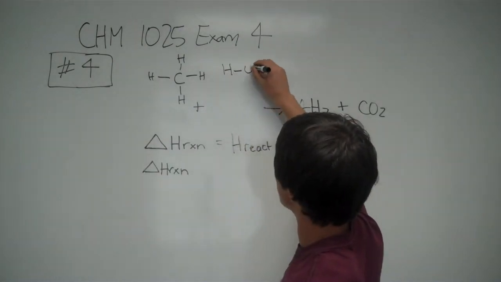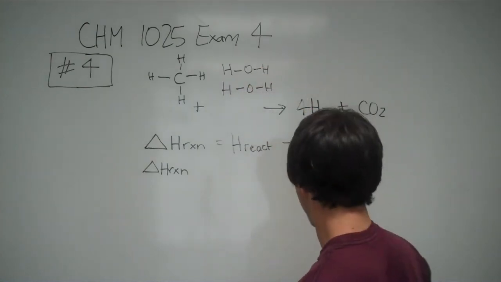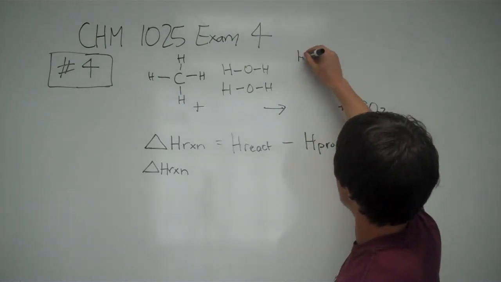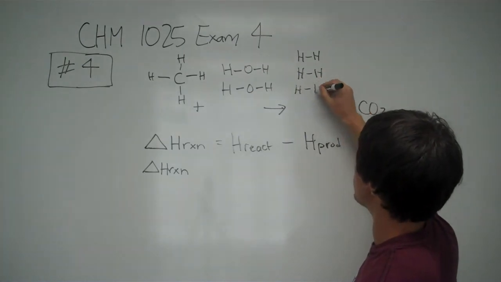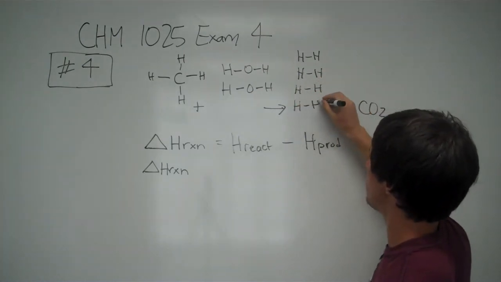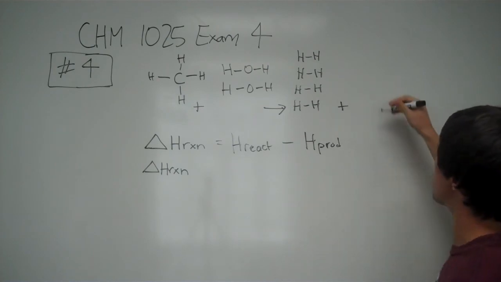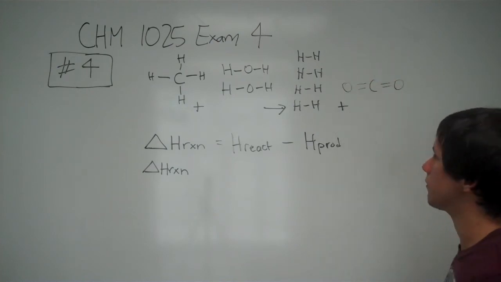So HOH, HOH. Okay. Next we have 4 hydrogens. Hydrogen, hydrogen, hydrogen, and hydrogen. And then lastly we have carbon dioxide. So remember, this is made of a carbon with 2 double bonded O's on either side of it.